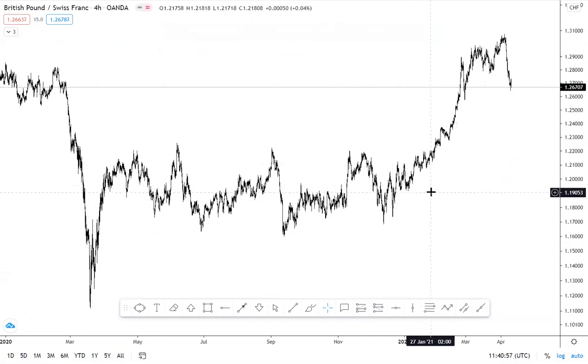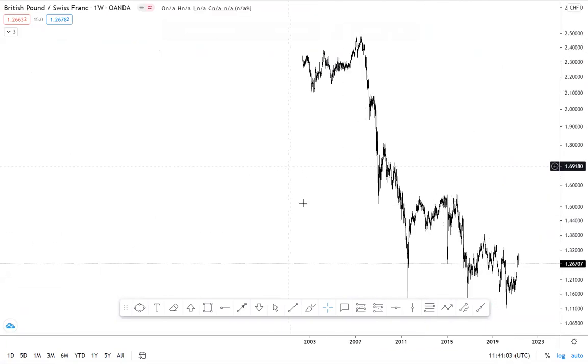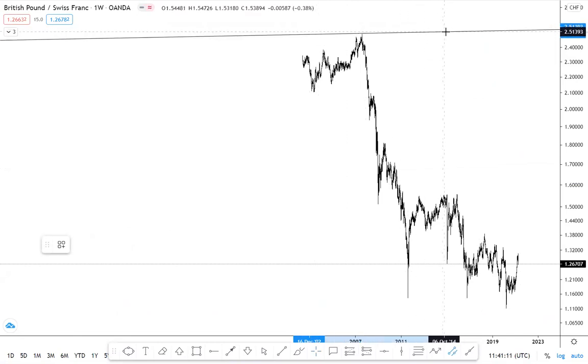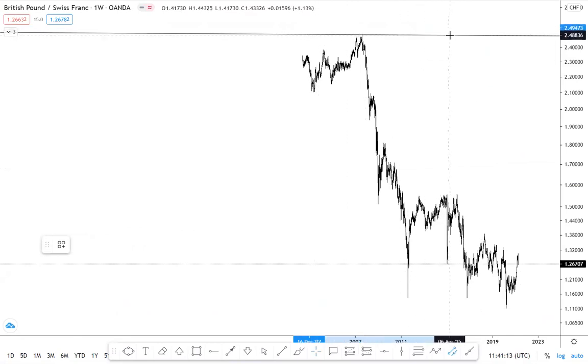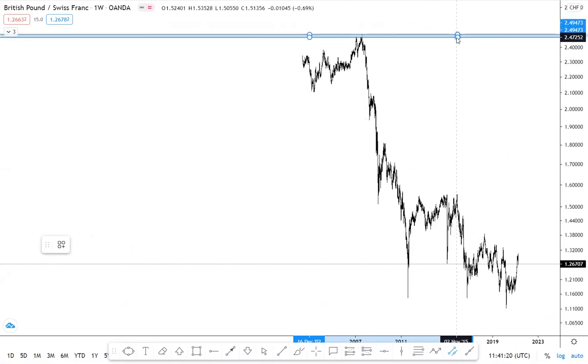So just as we do it, let's go straight to the weekly and do the same thing over and over, guys. So you see, if you understand the markets, the thing is just happening over and over again. Nothing serious about the market. It's just doing the same thing over and over again.